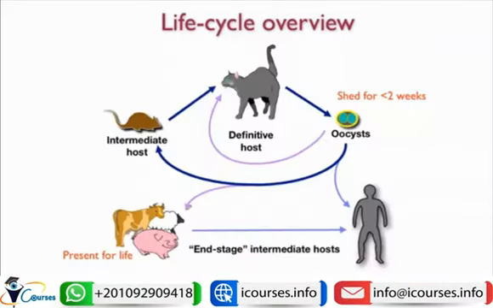So talking about the life cycle of the toxoplasma. The cat is the definitive host. So the cat will pass the oocyst through its feces, and as we said, the cyst is a resistant form, so it can stay in the soil for a long time.